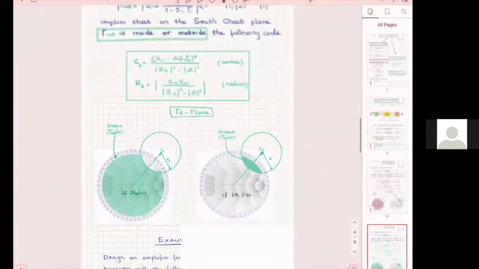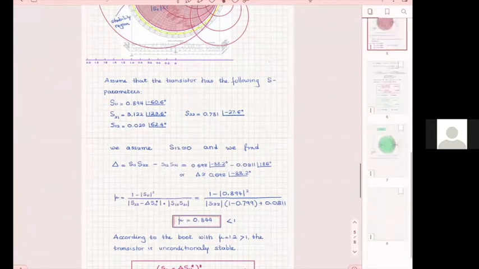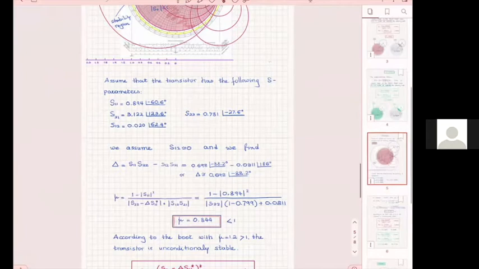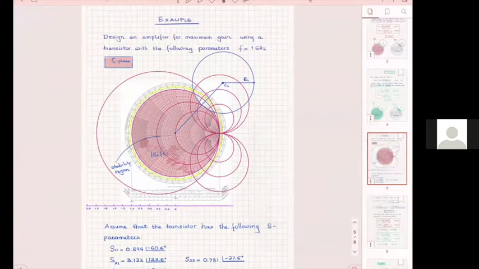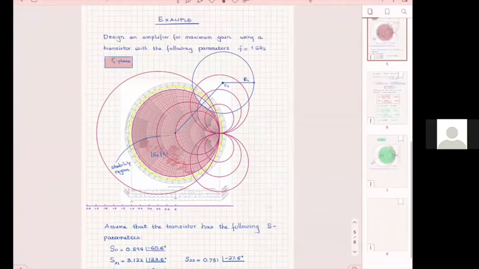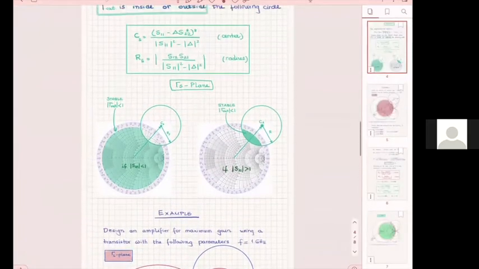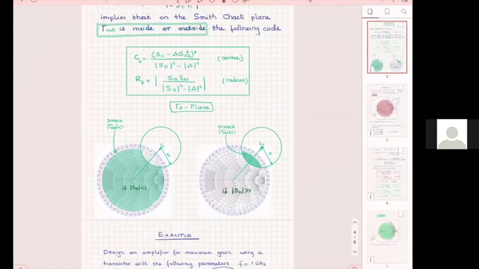Probably I had it in the stability circle. Yeah, yes, no. Do you remember when we did this example last time? In any case, I will find it. I will put all of this together because there are a lot of notes that I have.